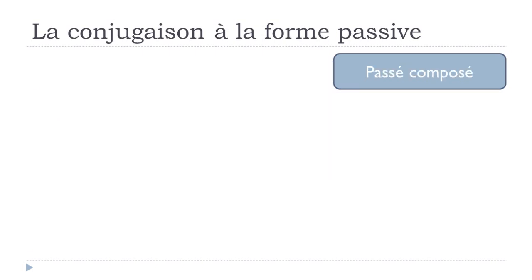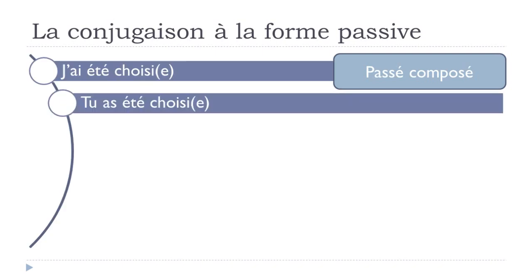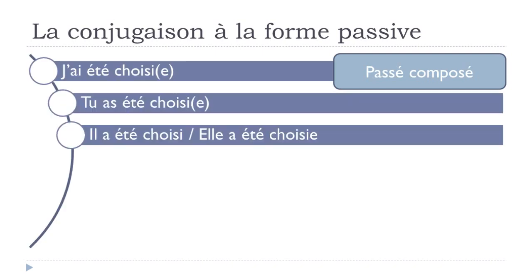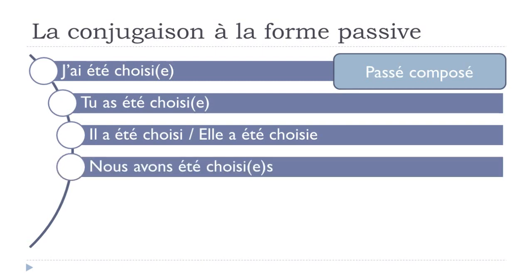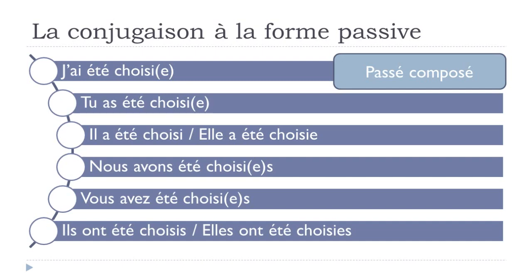Okay? Let's see the passé composé form. J'ai été choisi, tu as été choisi, il a été choisi, elle a été choisie, nous avons été choisis, vous avez été choisis, ils ont été choisis, elles ont été choisies.